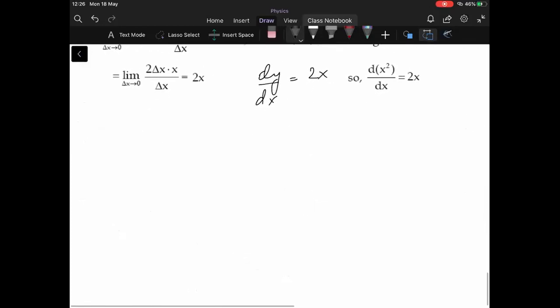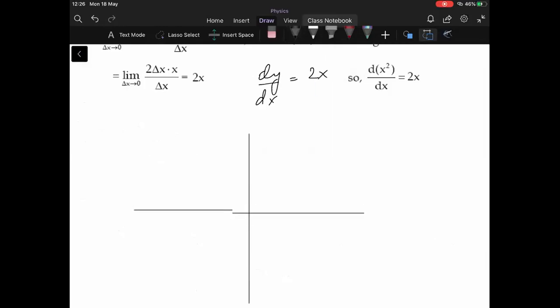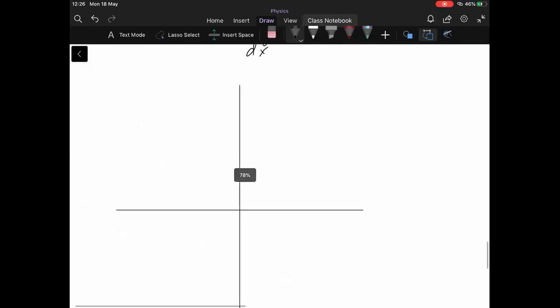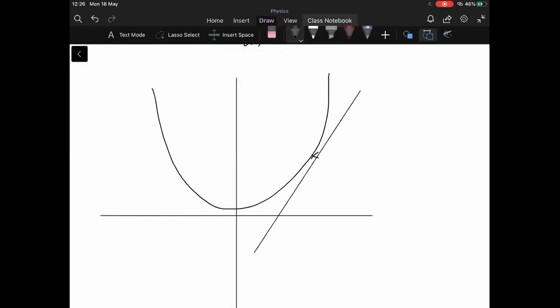This basically means that if, let us say, this is the parabola, then if you wish to find out the slope at this point, or you wish to find out the slope at this point, you just need to substitute the value of x in this expression, dy by dx is equal to 2x.